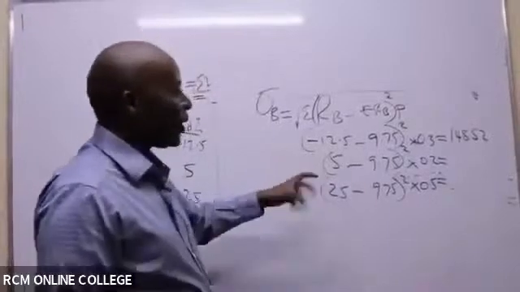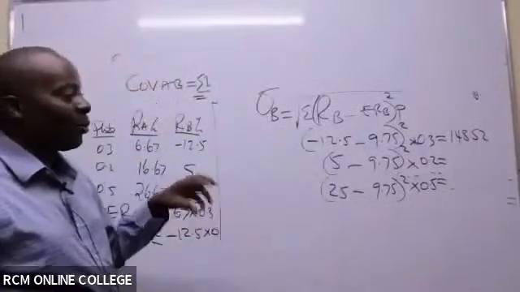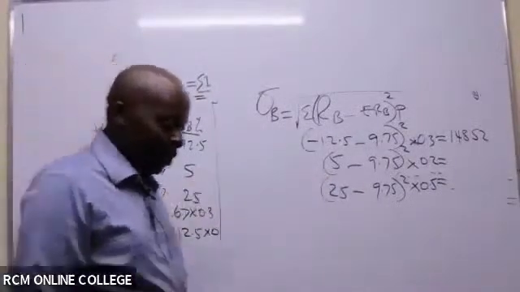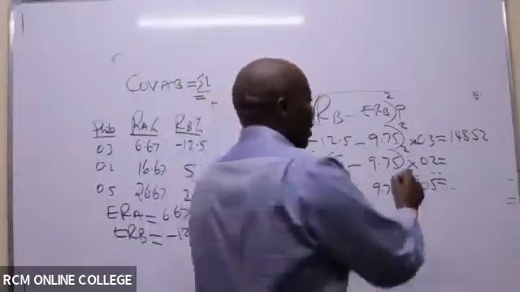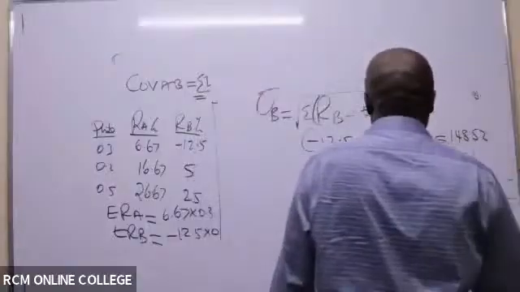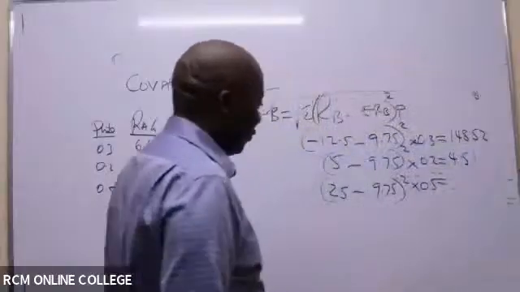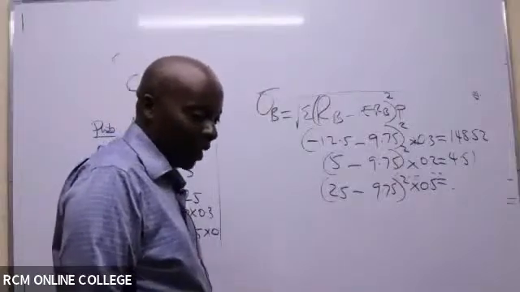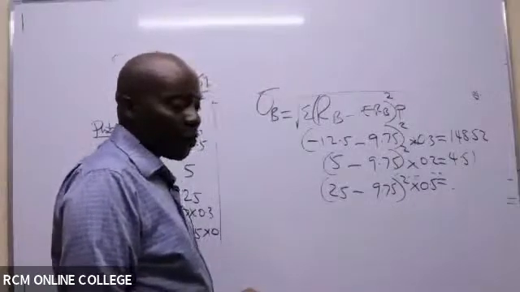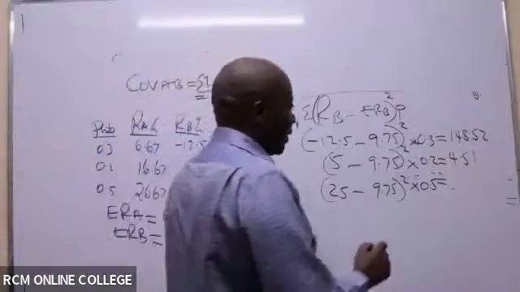So 5 minus 9.75, you square, times 0.2. You give me an answer, 4.51. So here we have 4.51, and then lastly, open brackets, 25 minus 9.75, you close, square, times 0.5. So what are we getting here? 116.28.